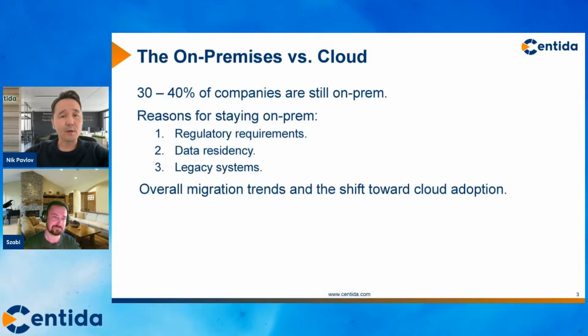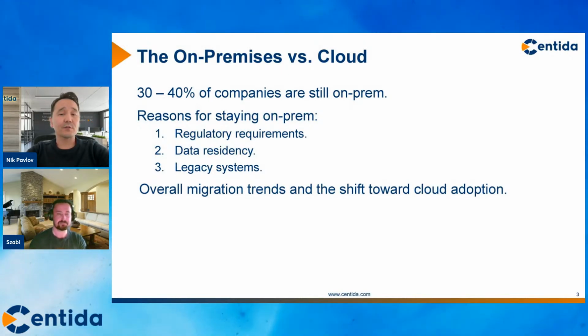Perfect. Before we start, let me quickly give you the context. Although the industry in general is rapidly moving to the cloud, according to Gartner, at least last year, about 30 to 40% of companies, and I would say probably more so in the European Union than in the rest of the world, still stick with on-prem systems.